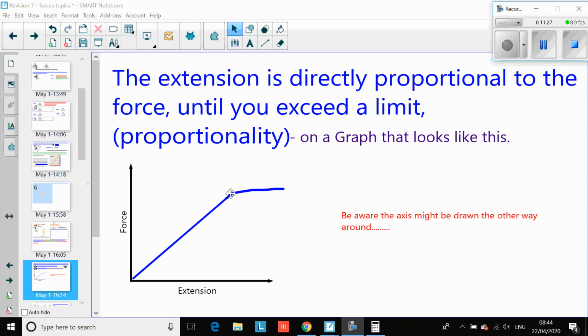You can see it will stretch much, much more than the force. Usually at that point it breaks. Okay, so Hooke's law states that force and extension are directly proportional until the limit of proportionality is exceeded. Okay, that's Hooke's law, and again, you're probably going to need to remember that.